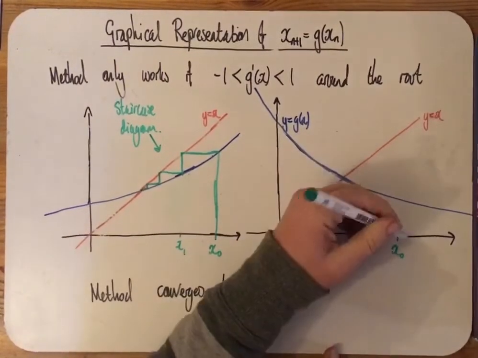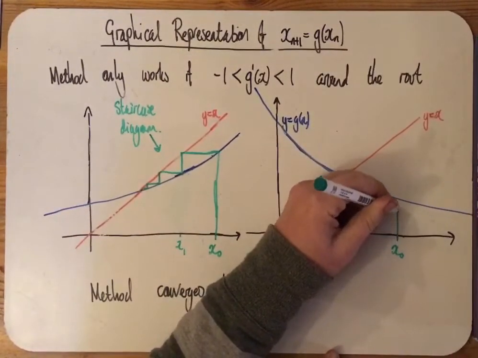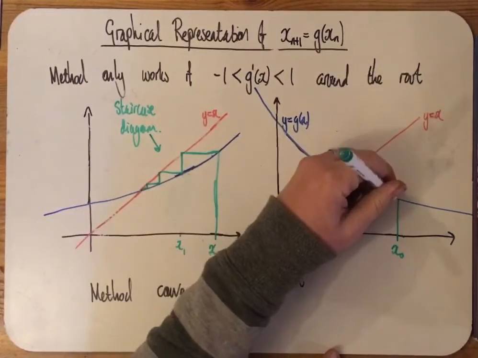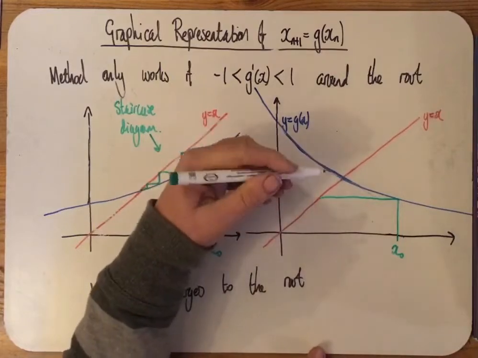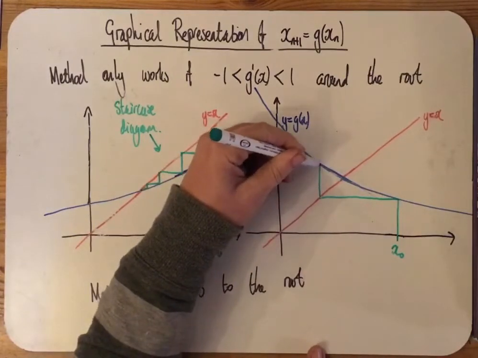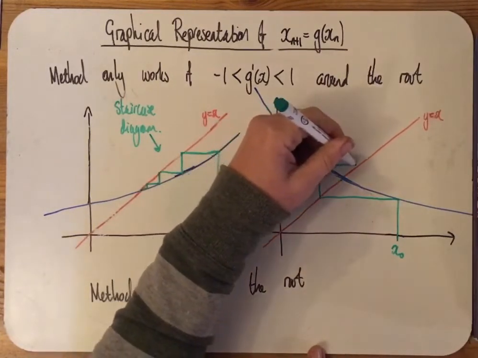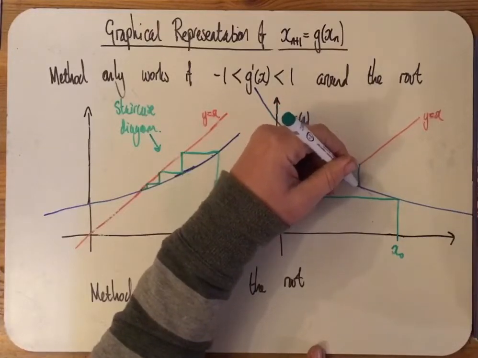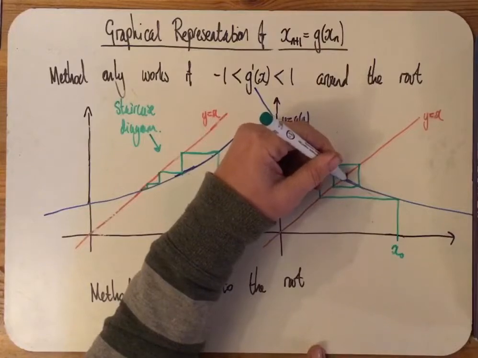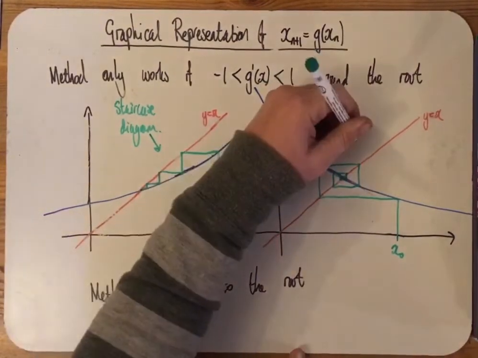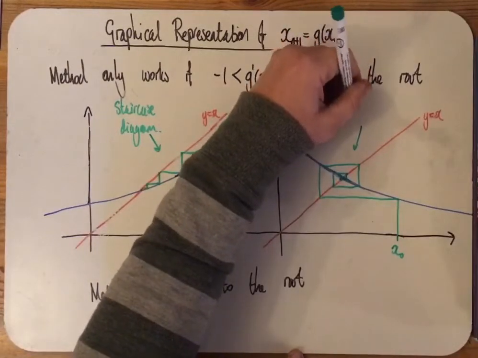So start at x0, across to y equals x, up or down to y equals g(x), across to y equals x, up or down to g(x), across to y equals x, and now we're spiralling in to the root, and that is called a cobweb diagram.